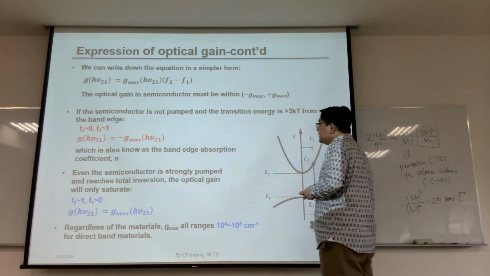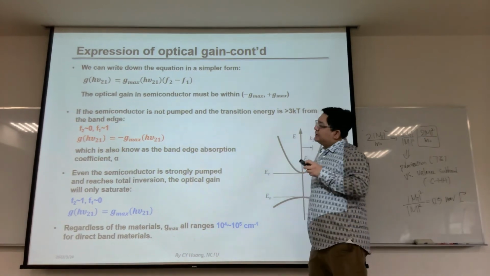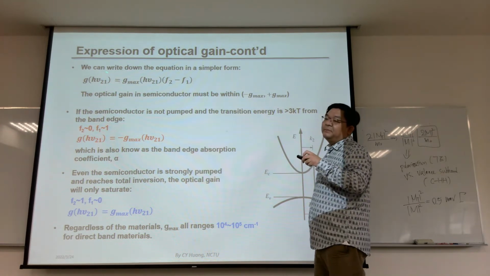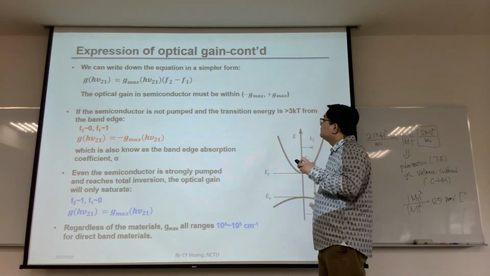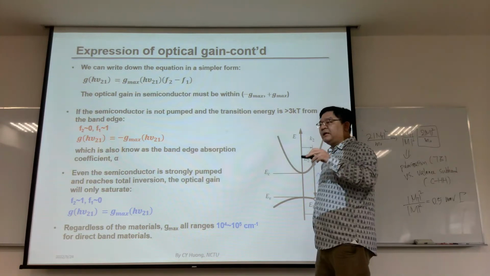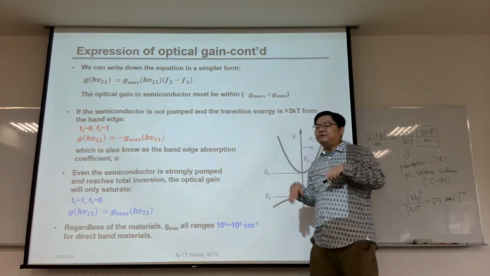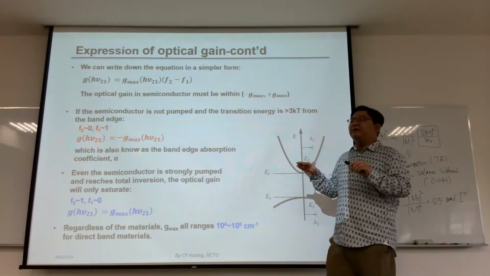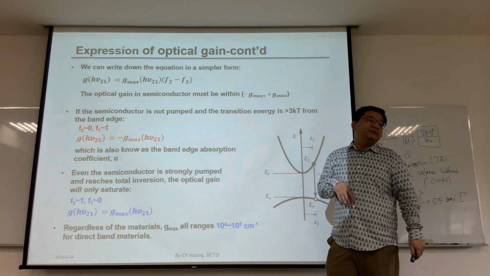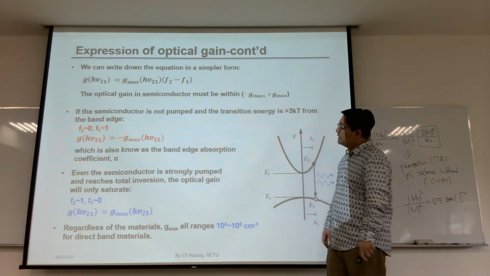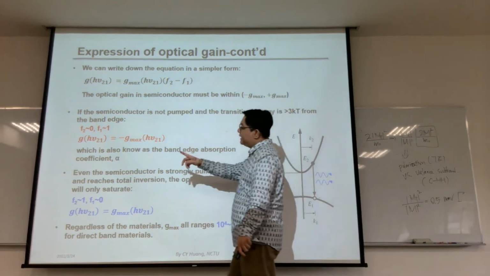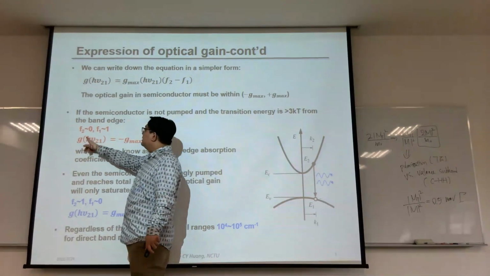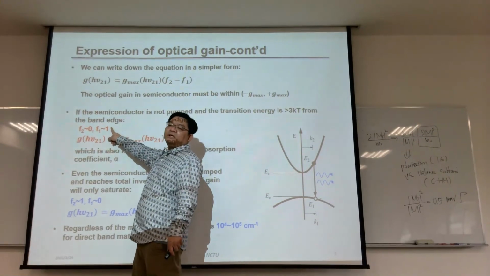Alright, so let's consider the maximum and the minimum value of your gain. If there's no injection and at a very low temperature, all the carriers are in their lowest energy level. So what happens at such a level? That means there's almost no carrier at high energy level, and the low energy level is fully filled.